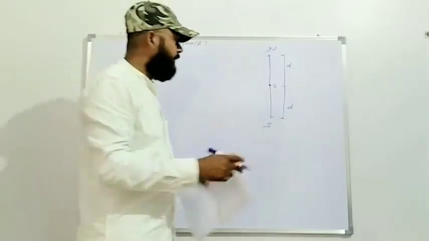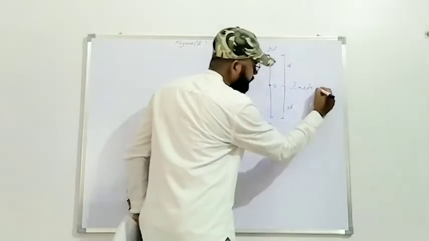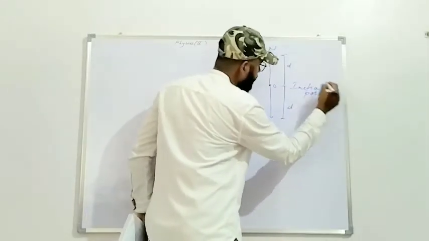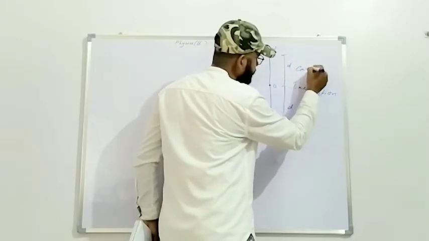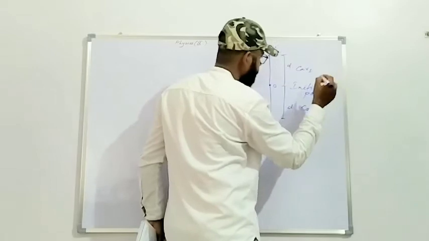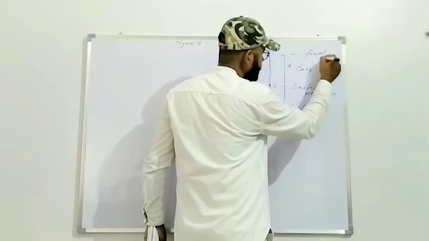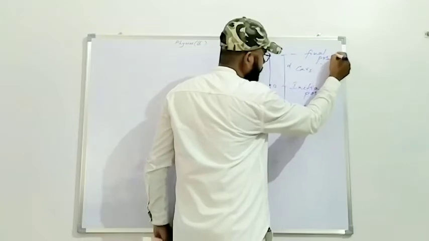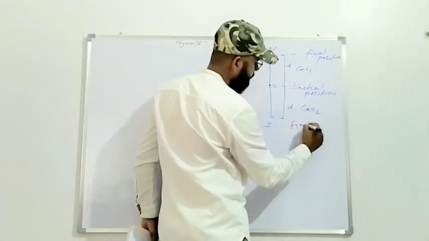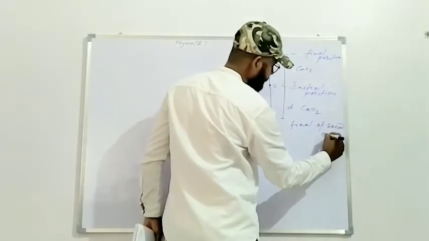Very simple question. Suppose this is the initial position. Suppose this is car 1 and this is car 2. This is the final position of the first car and this is the final position of the second car.